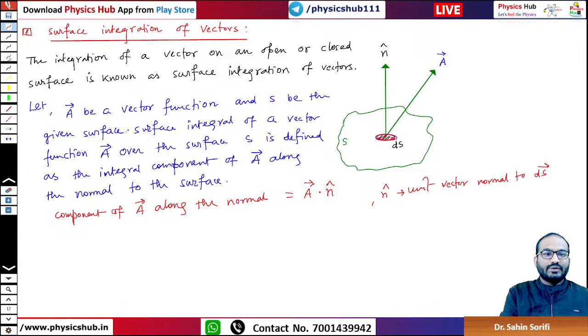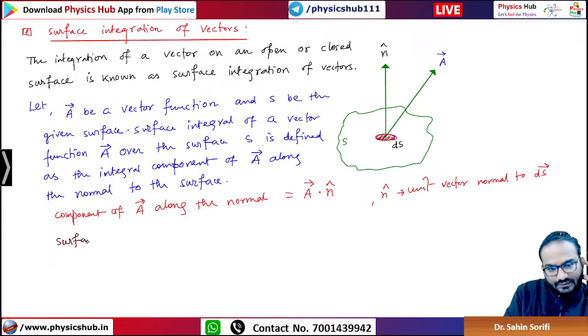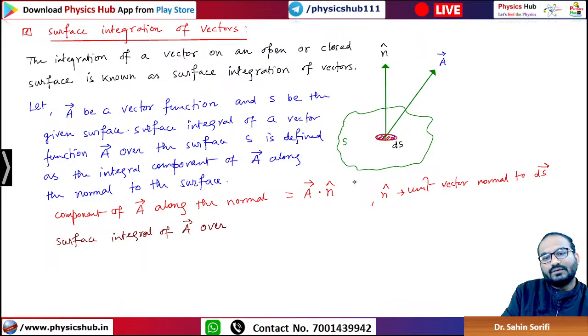So what is the component of this surface integral? Ultimately how do you define surface integral of A if you consider over this whole surface? Previously we considered only ds, no? So if you want to consider over the whole surface S, then we have to take the sum over all such infinitesimal areas.